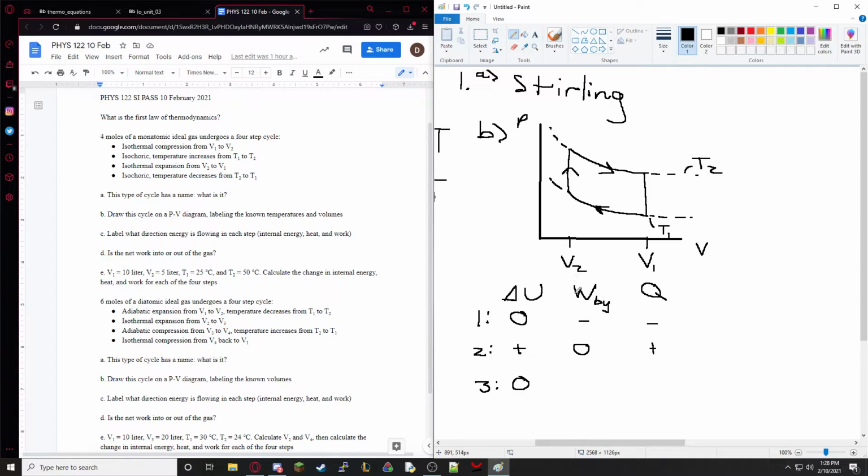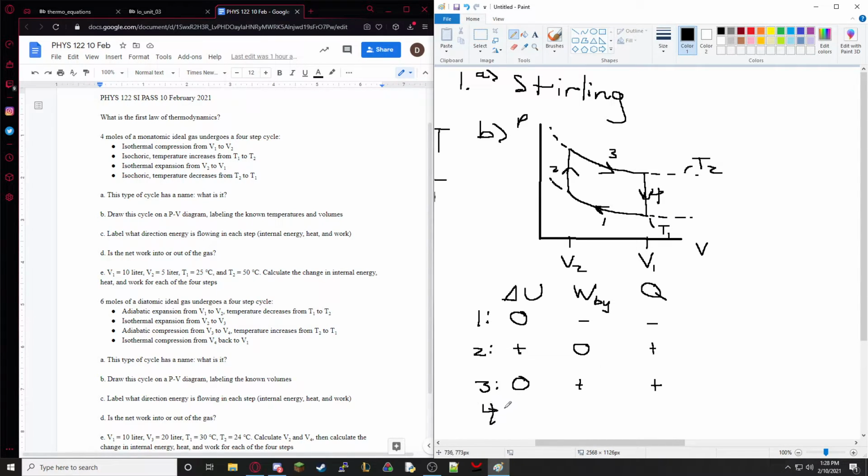And so is work being done by the system or on the system? Work is being done by the system, so we'd have positive work. Exactly. Positive work, which then means we have to have positive heat. We have to have heat coming in so that work can go out. So heat flow is also positive. I should probably label these 1, 2, 3, 4.